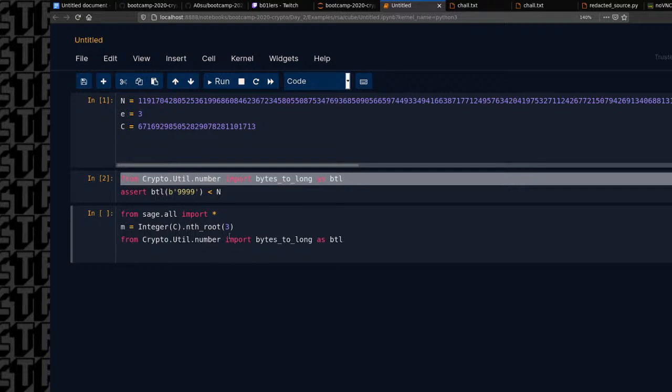So we'll take this function from PyCryptodome and we'll import it, bytes to long. So assuming that this properly calculated our value, if we convert it back, we'll do print m.